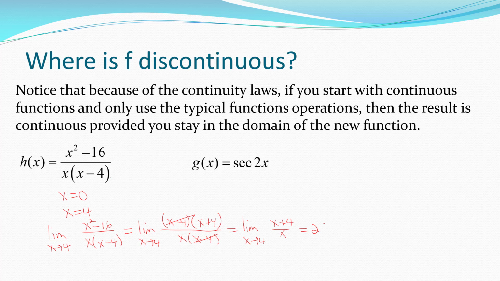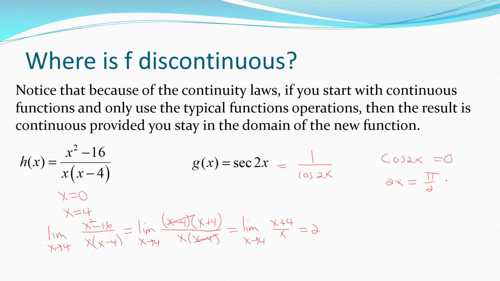For the function g of x, where is it discontinuous? If you remember, secant is really 1 over cosine of 2x. So if the cosine of 2x happened to be 0, then the secant would not be defined. Now the cosine would equal 0 if the angle 2x would be pi over 2, or 3 pi over 2, or 5 pi over 2, or negative pi over 2.